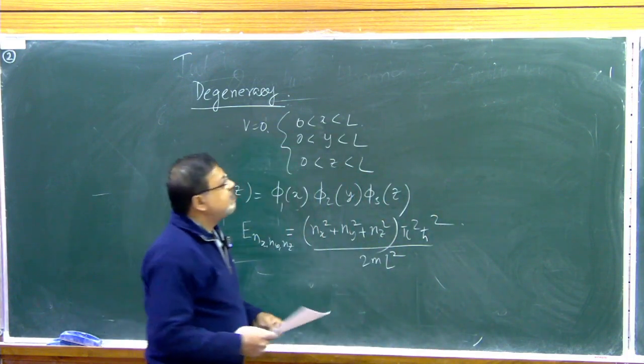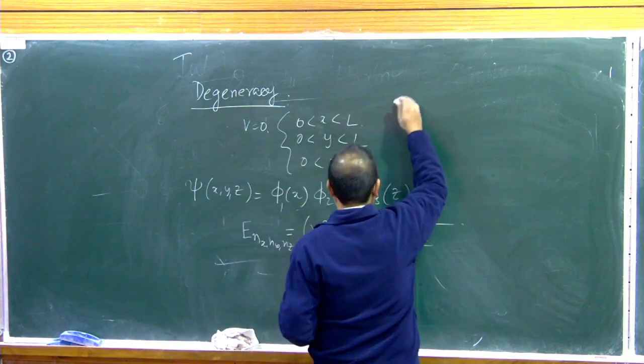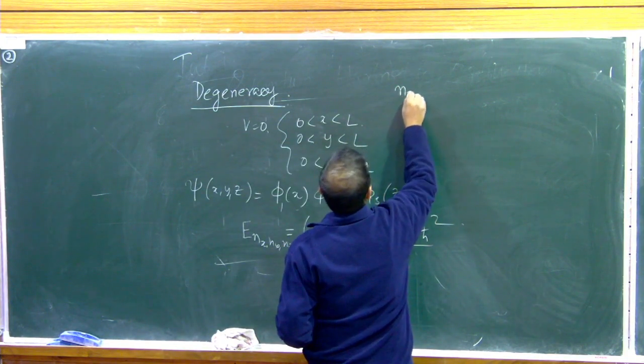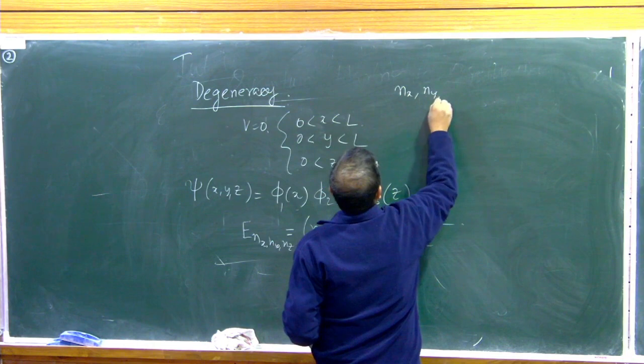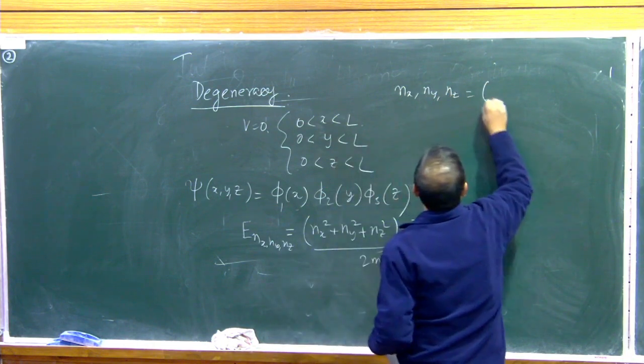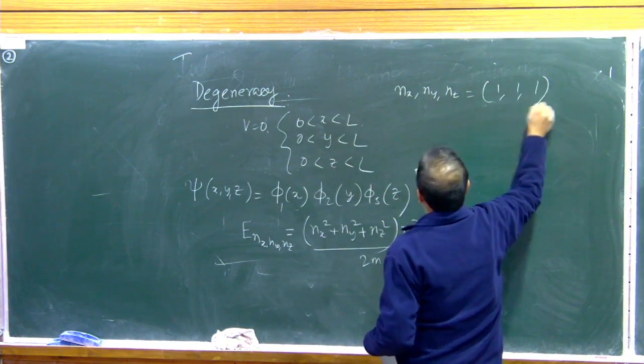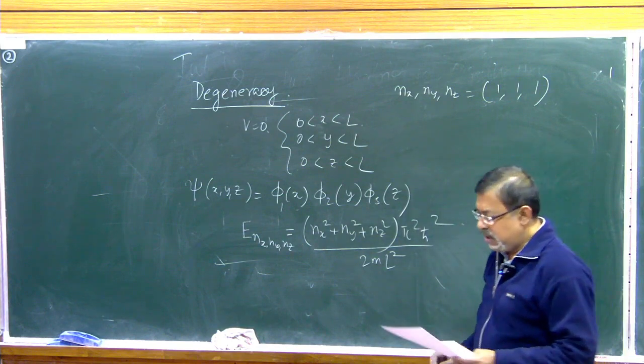Now you see that the minimum value of nx, ny, nz is 1, 1, 1. It can't be anything other than that; they are nothing like 0.